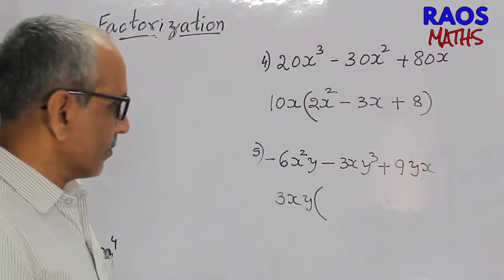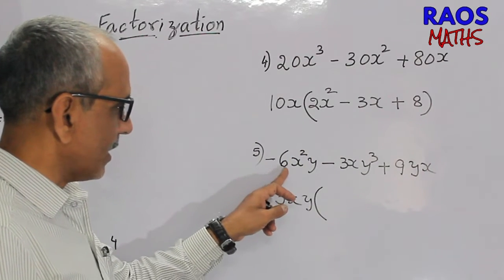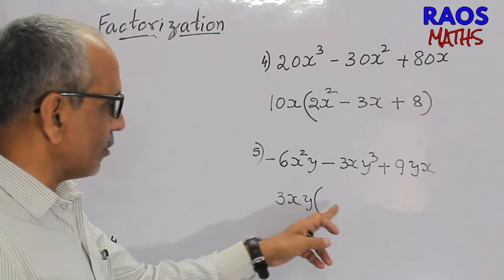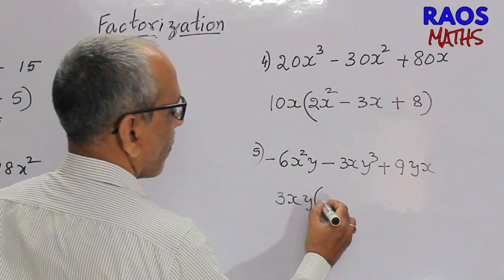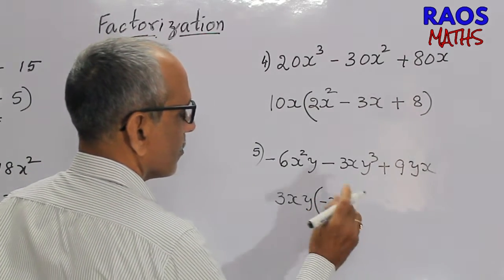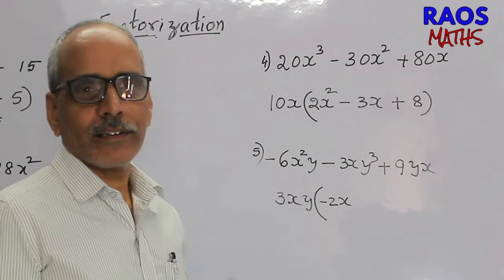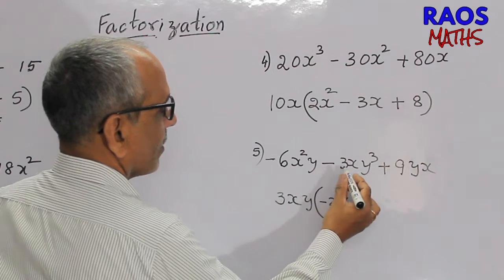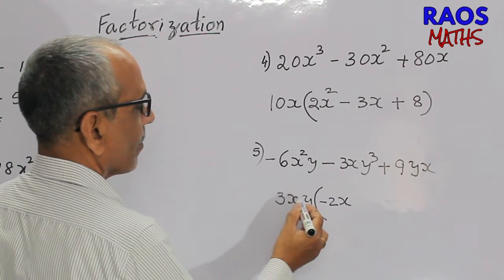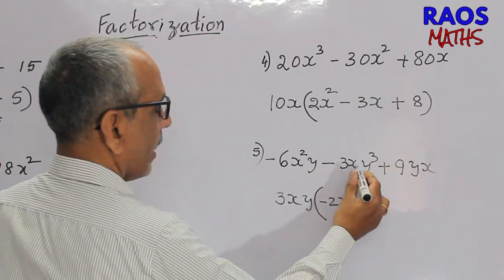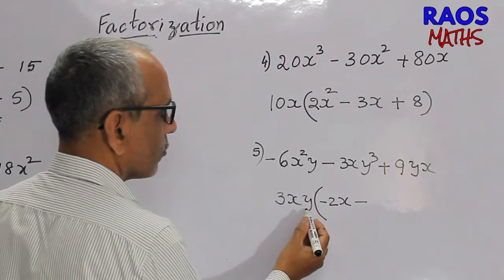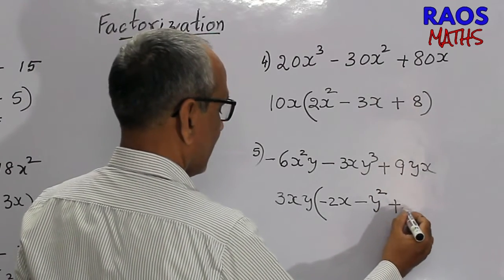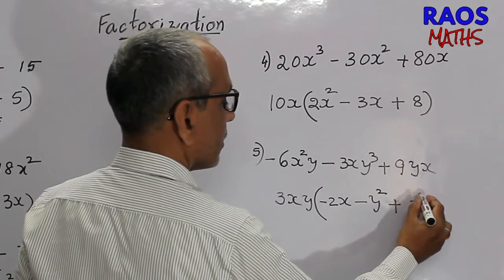Now, if you take minus 6, the factor is plus 3, the other factor is negative, because plus into minus is minus. This is minus 2x. No confusion. The negative term comes in the bracket. Simple. Next. 3 is the common factor. Minus will follow. x is the common factor. For y cube, y is the common factor. The rest is y square plus 3. That's all.